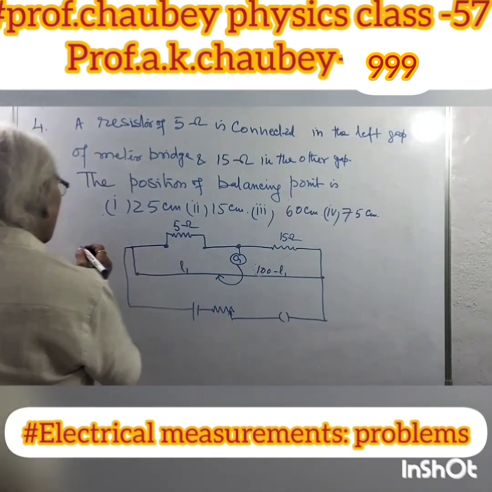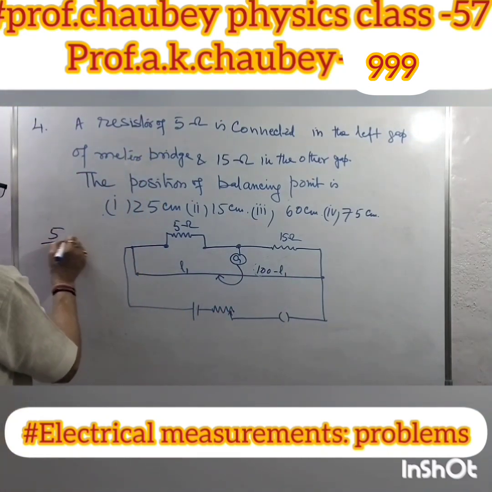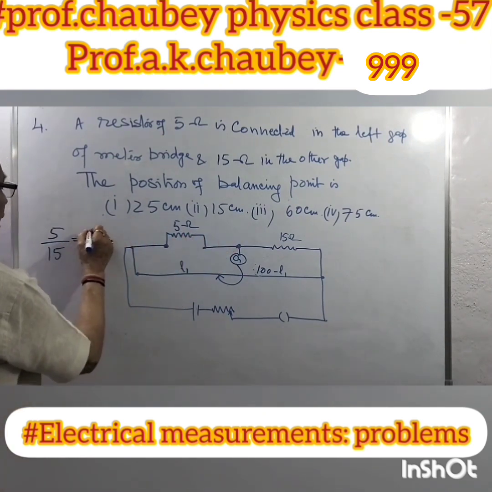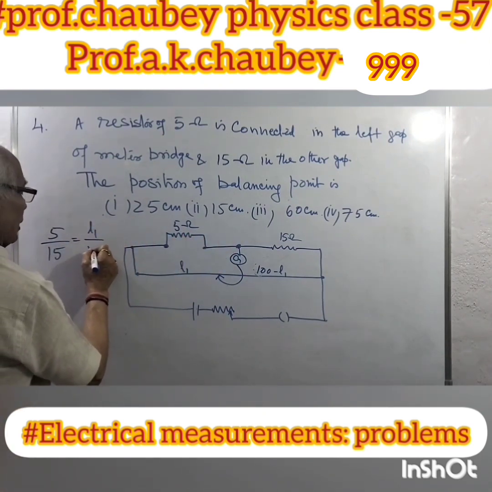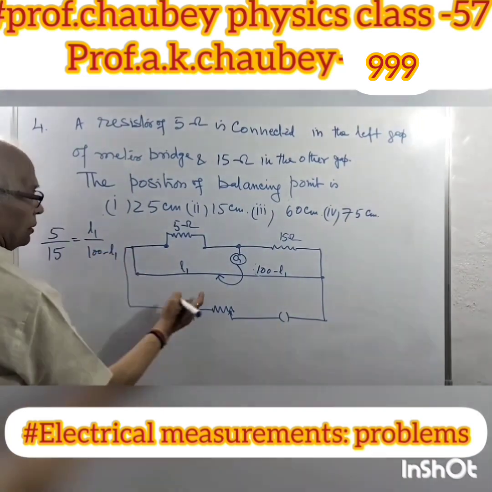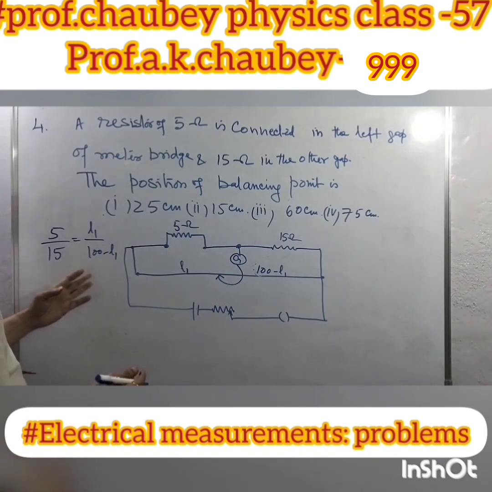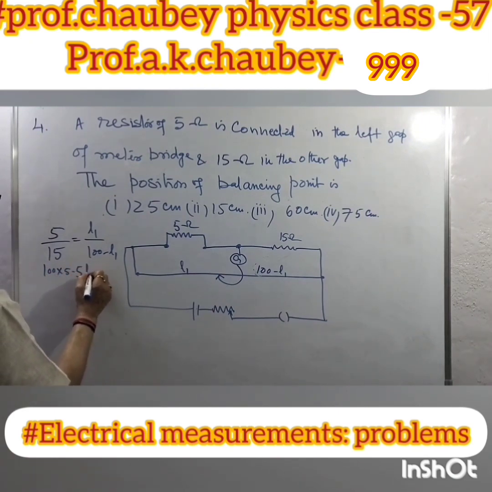So we have 5 upon 15, and the ratio will be L1 upon 100 minus L1, the simple Wheatstone bridge principle. From this, 100 into 5 minus 5 L1 is equal to 15 L1.